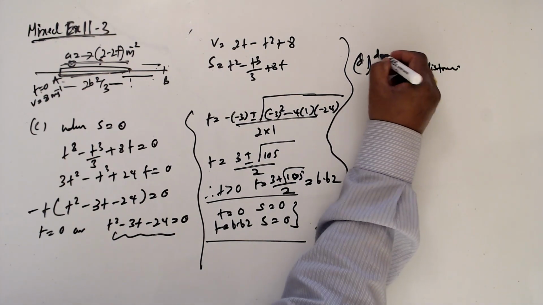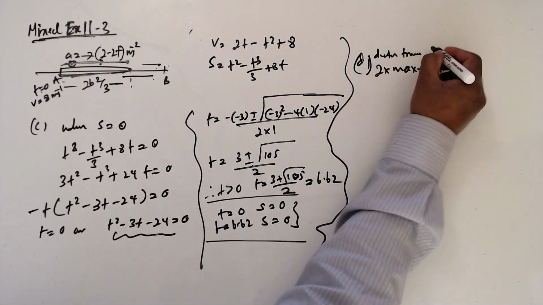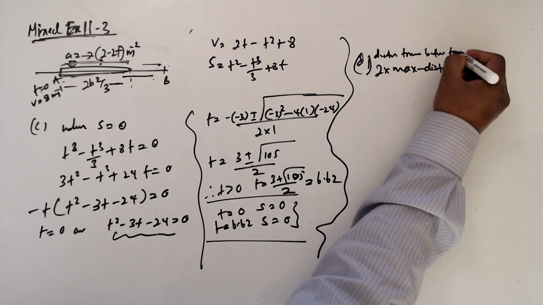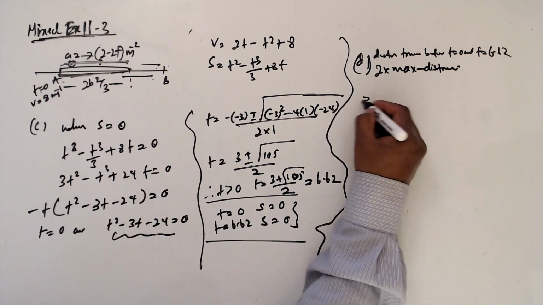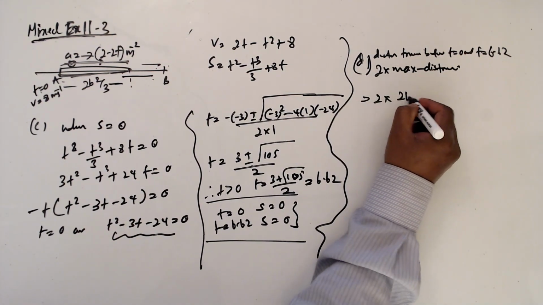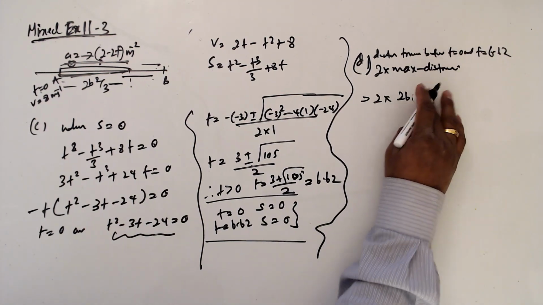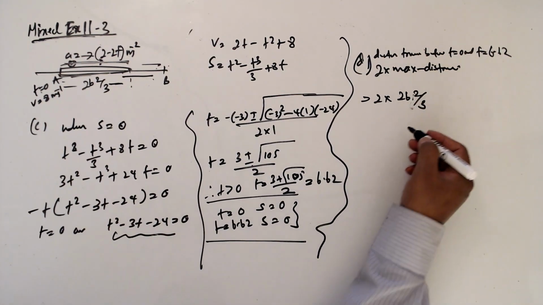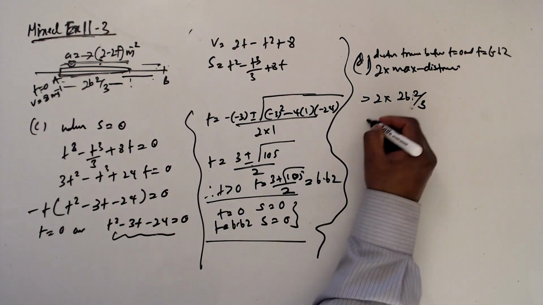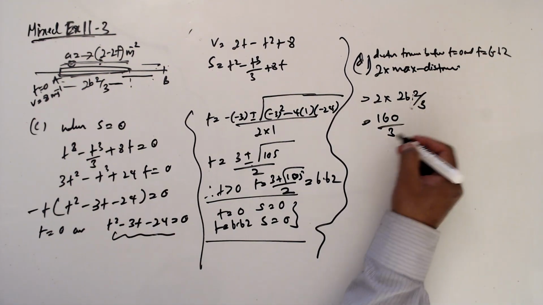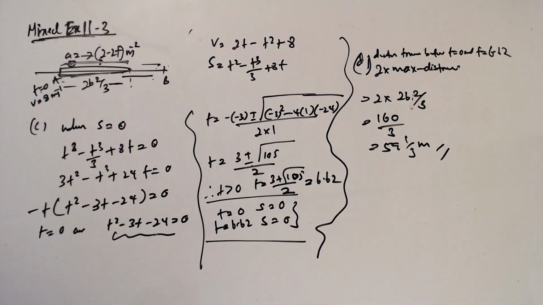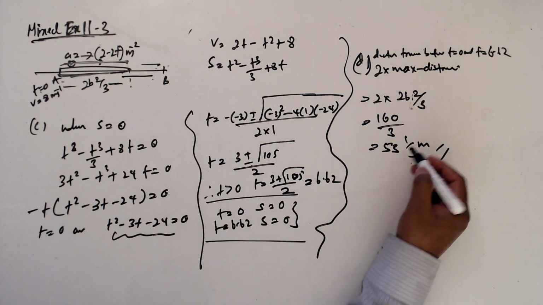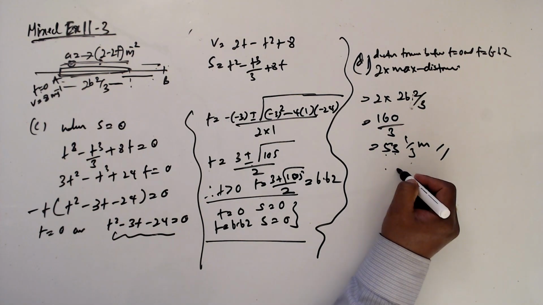This is the distance traveled between t equals 0 and t equals 6.62, equal to 2 times 26 2 over 3. This is 160 over 3, that is 53 1 over 3 meters.